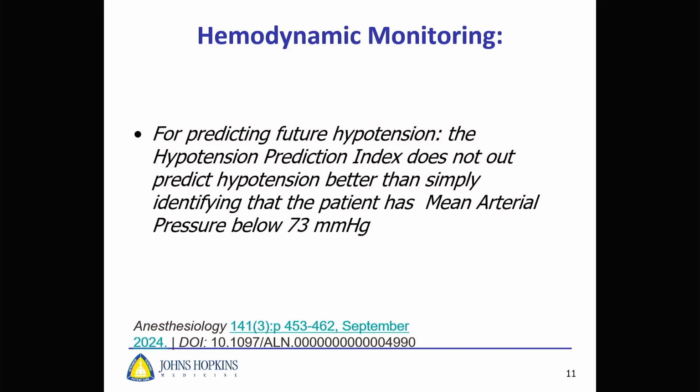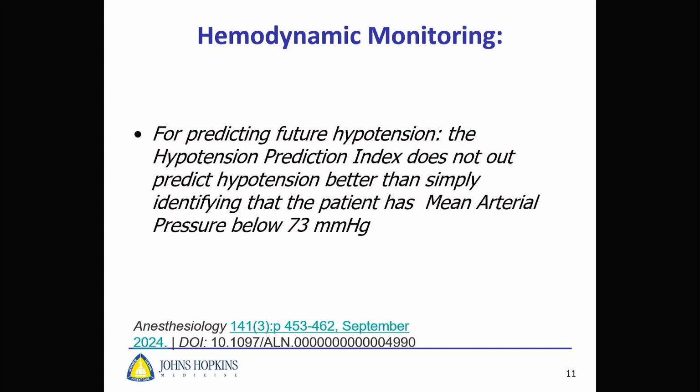Interestingly, in this study I reference here, it unfortunately does not outperform the scenario where you just have a patient with a blood pressure between 65 and 75. So recent data suggests that this algorithm might not outperform just having a patient with a mean arterial blood pressure between 65 and 75.